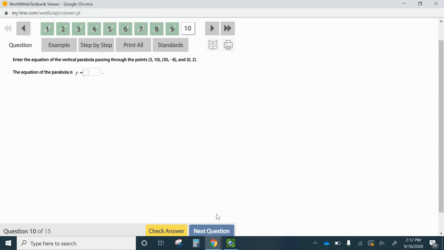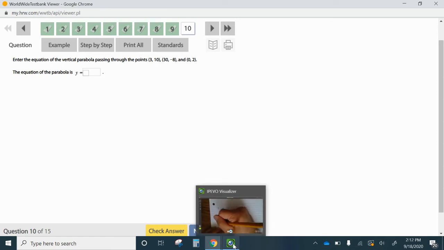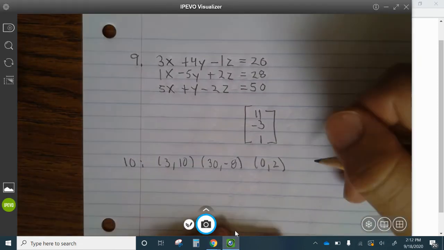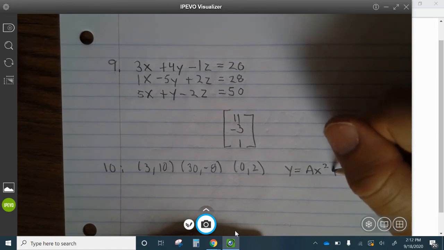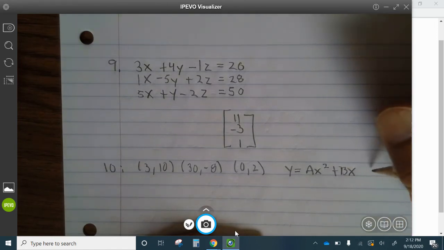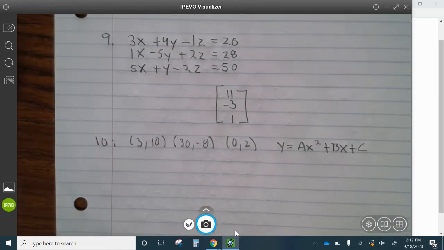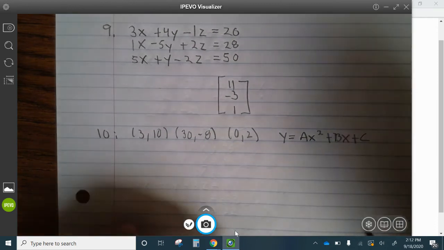Now, this is an xy, that's an xy, and that's an xy. So we're going to plug in x and y into this equation 3 times. So y is 10, so that's 10 equals a times 3 squared plus b times 3 plus the c value is just plus 1c.